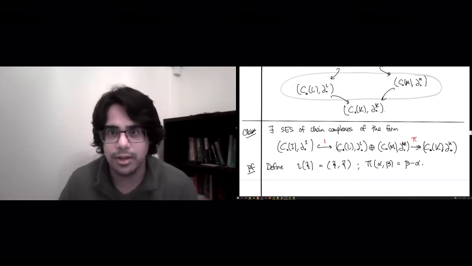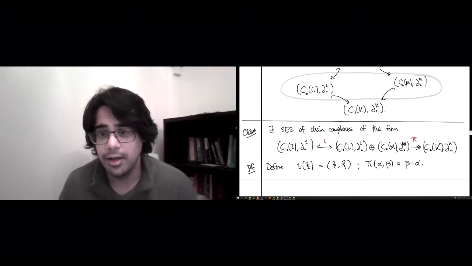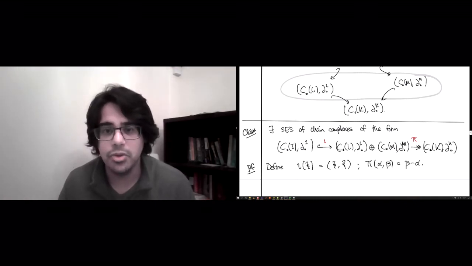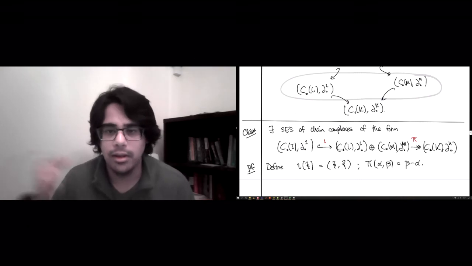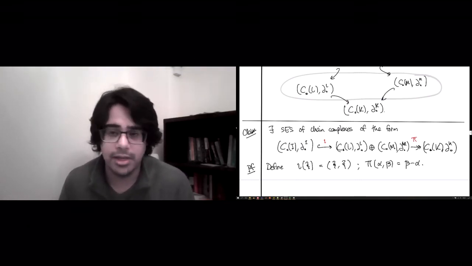So that's pretty straightforward. It's a little bit harder to show that pi is surjective. And the reason it turns out to be surjective is that K is a union of L and M, these 2 subcomplexes. So any chain in K can be written as something in M plus or minus something in L, because every simplex that shows up in K is either in L or M. So that's easy.